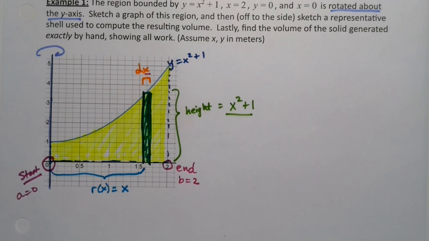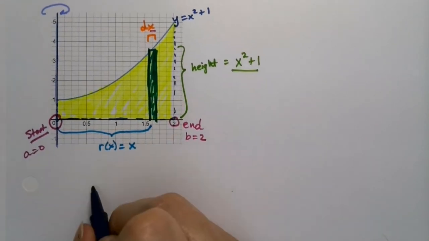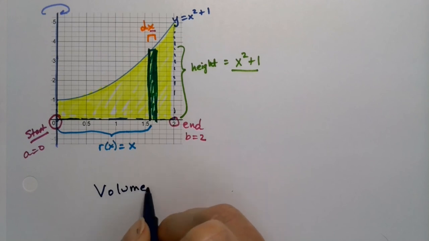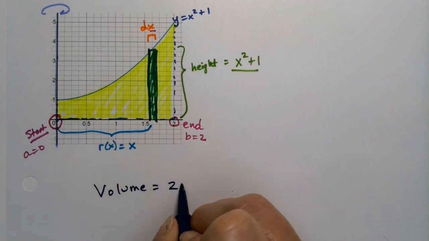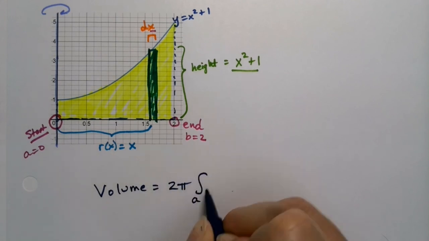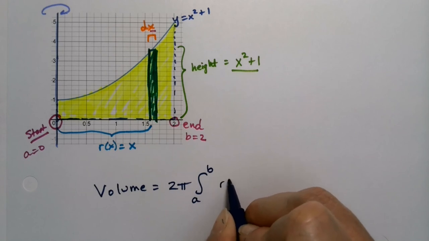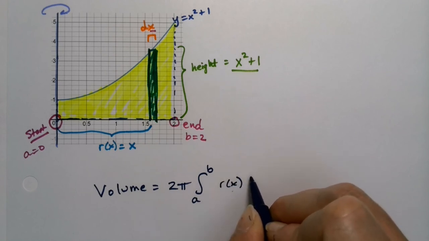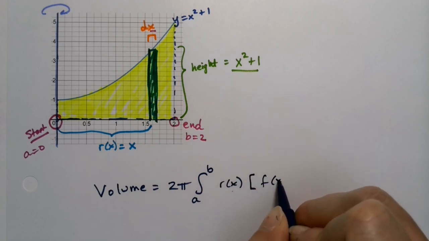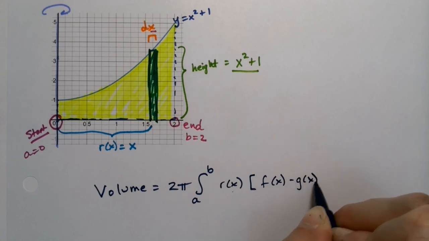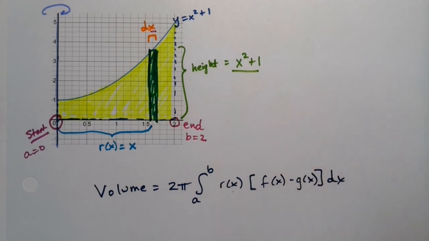All right, lovely. So the volume is equal to 2 pi times the integral from a to b of r of x times f of x minus g of x dx.